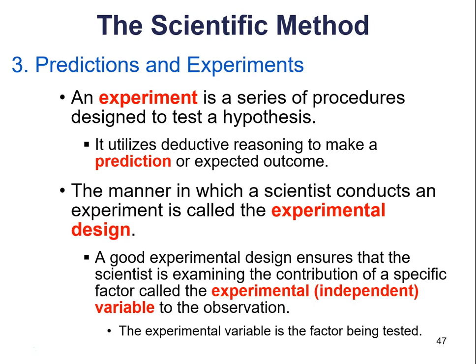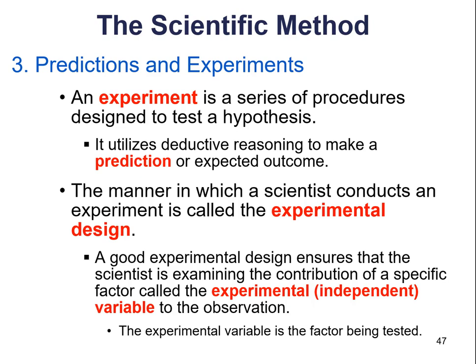I'm not going to get hung up on what inductive and deductive reasoning mean. I just want you to understand what it means to make a hypothesis, what is meant by a prediction, and what an experiment is. I just wanted to bring up inductive and deductive reasoning because those words are on the slide, so I didn't want to skip them.